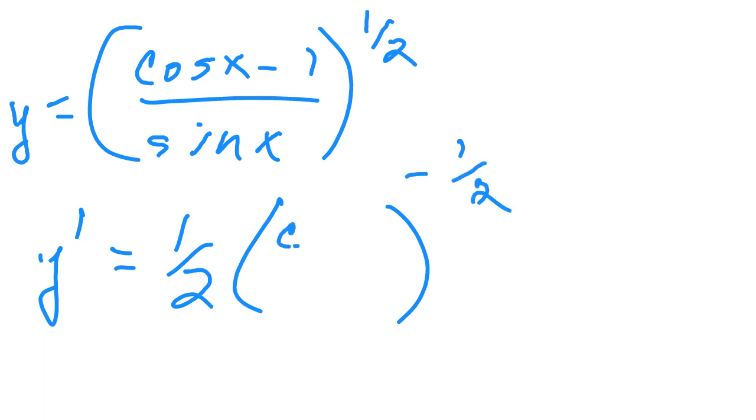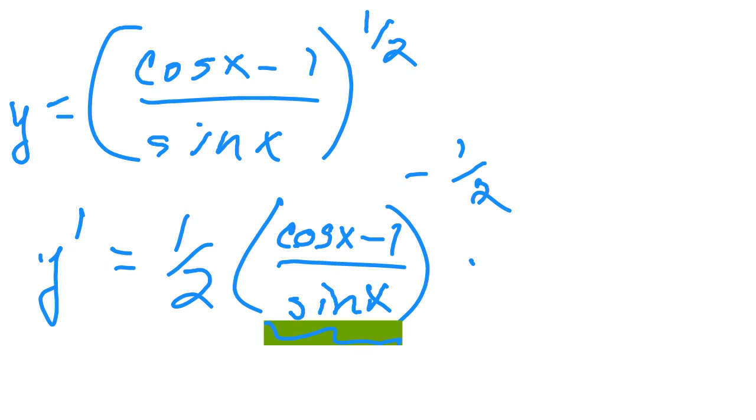So that'd be cosine x minus 1 all over sine x. That interior part didn't change. But then times the derivative of what's inside. I got to use a quotient rule here, right?